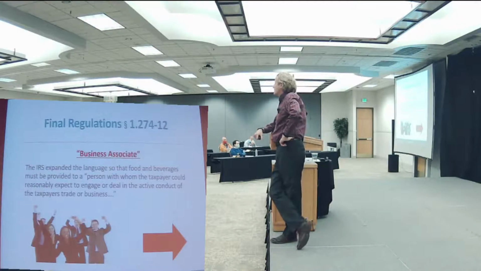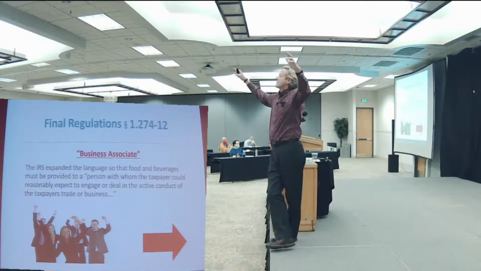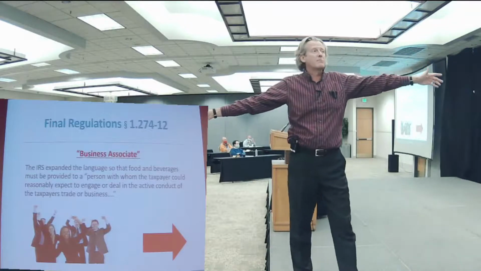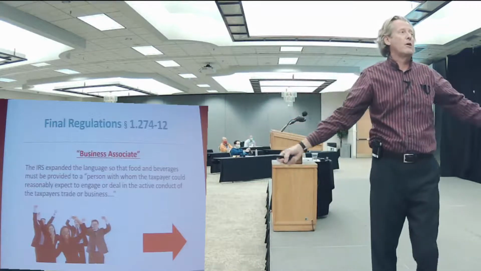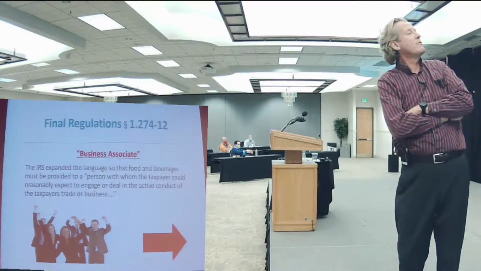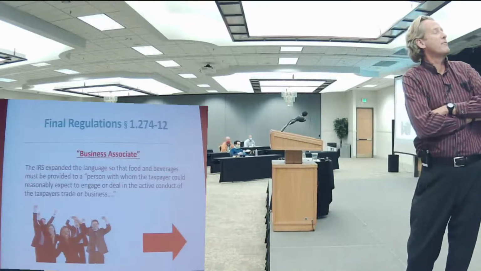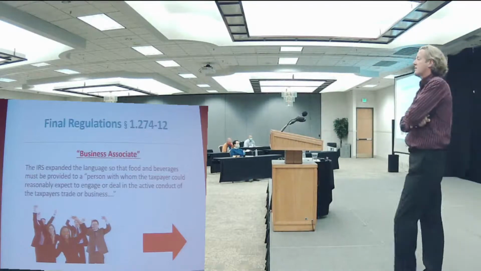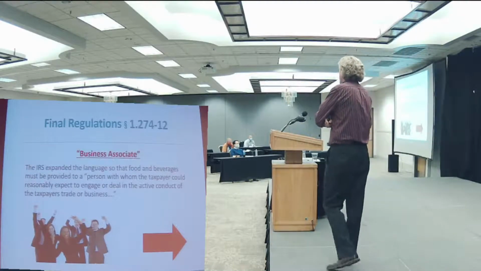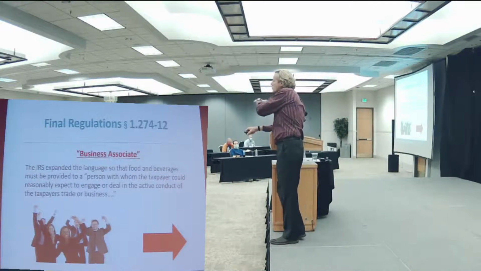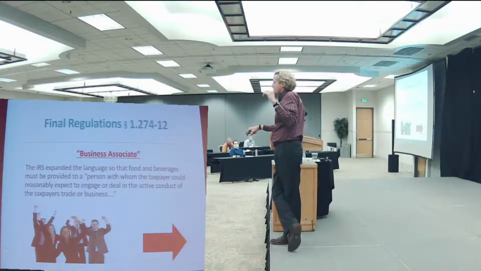Well, in the regs, the IRS expanded the definition to allow us to deduct 50% of business meals with what is called business associates. Persons to whom you could reasonably expect to engage or deal in the active conduct of your trade or business. And that means somewhere in the reasonably short to near-term future.